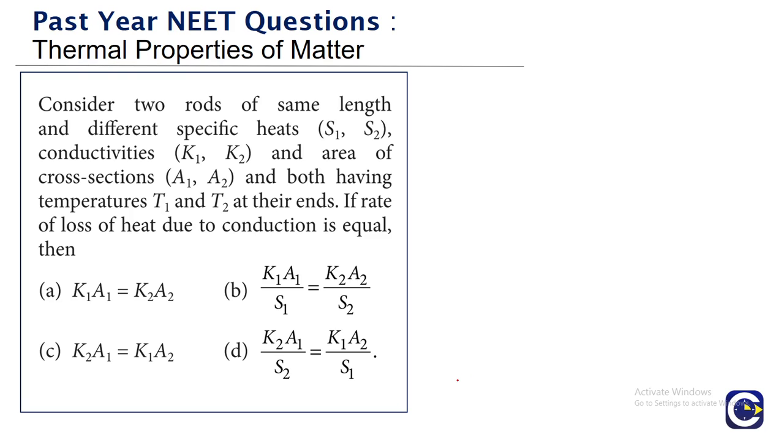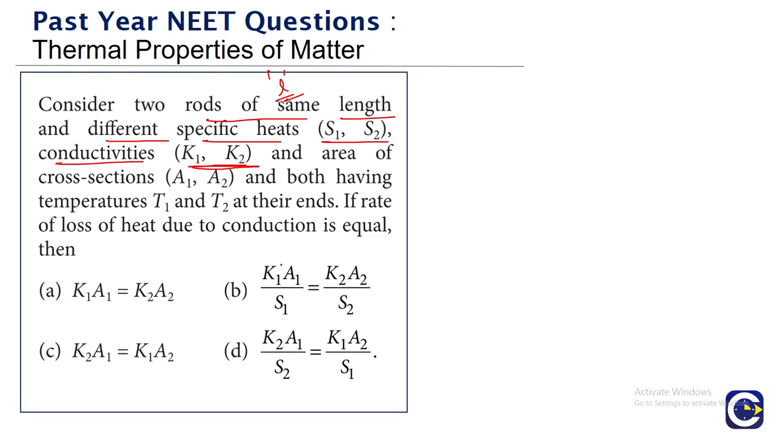Next we have a question based on thermal conduction. Consider two rods of the same length, so let us say L is the length. Both of them have the same length, and different specific heats, S1 and S2, meaning they are made up of two different materials. The conductivity is K1 and K2.